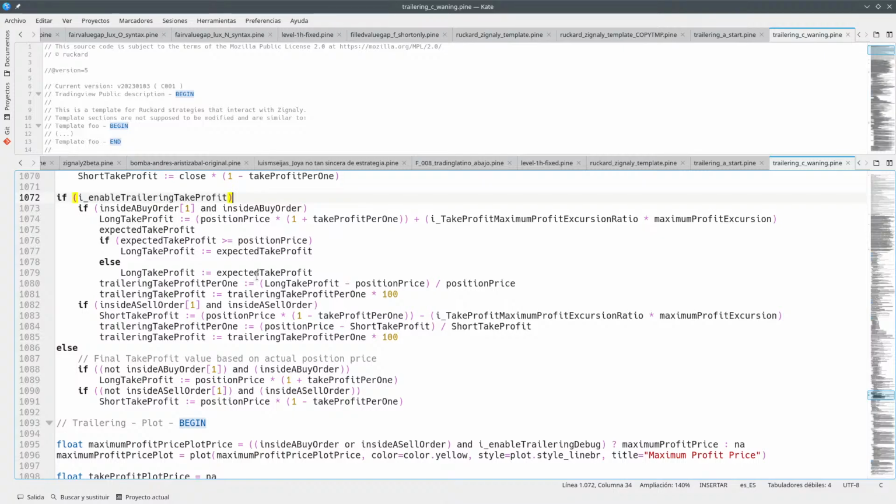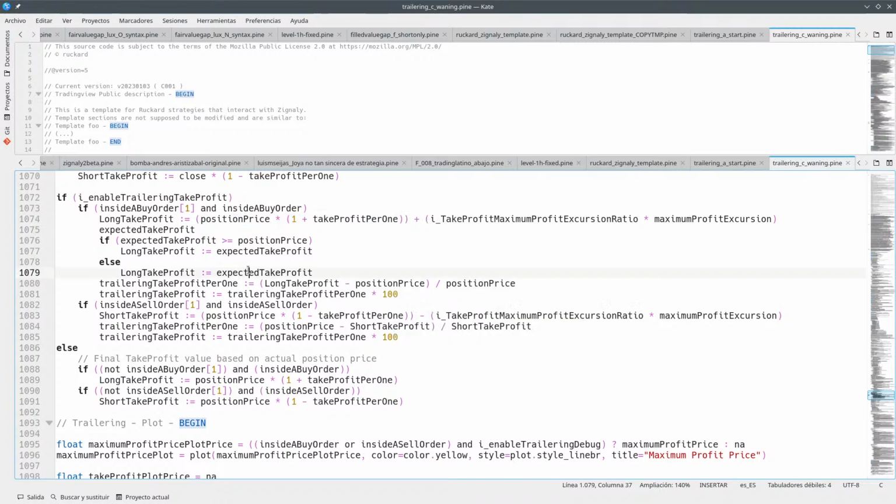Long take profit exists, expected profit, otherwise the long take profit should be the break even, which is position price.